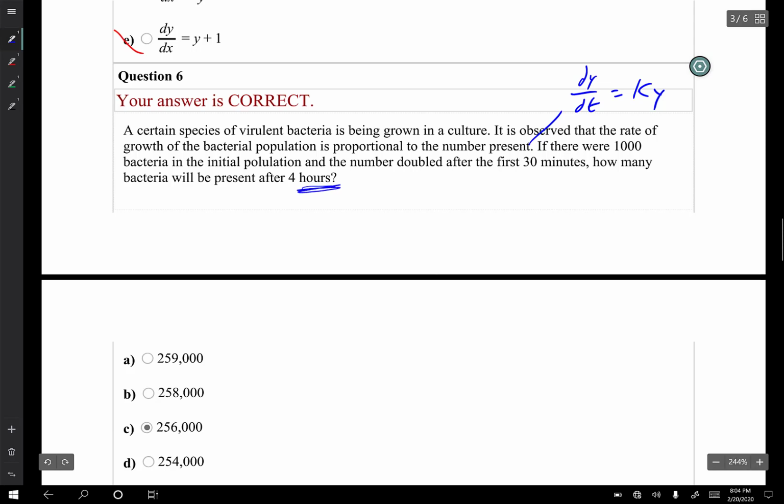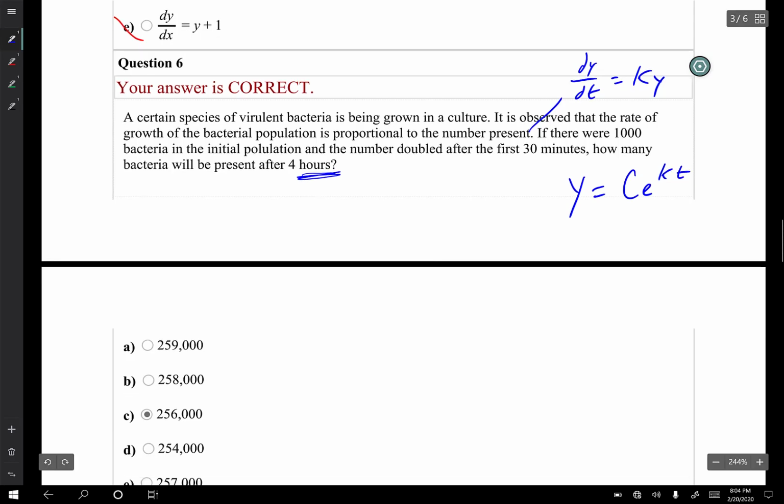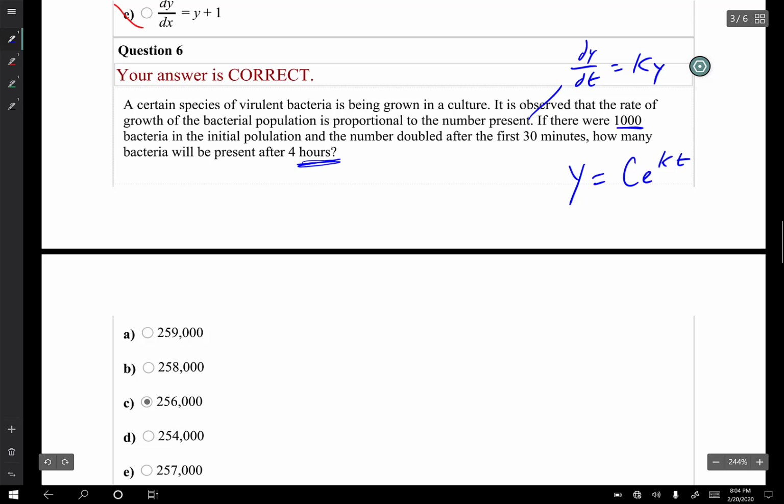If you want, you can solve for k and then find the value at 4 hours, but I'm not going to do that. My initial was 1,000, and they tell you that it doubles after 30 minutes.